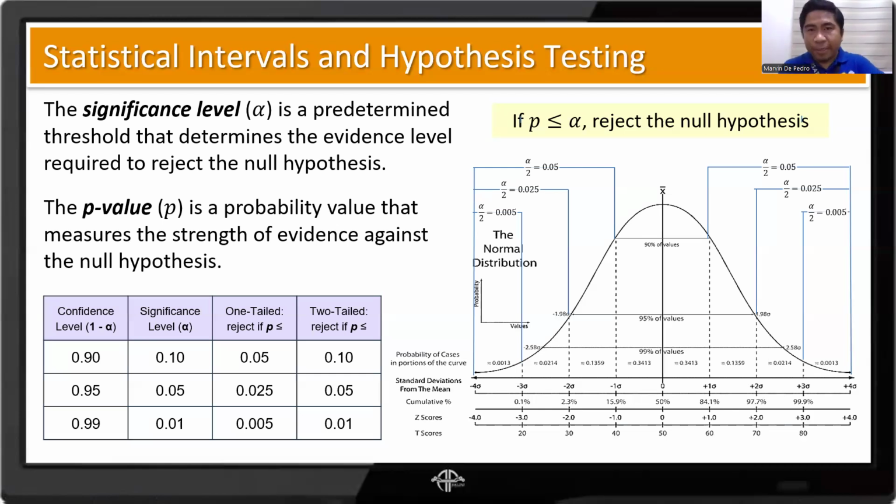Okay, but another way to say that: take note that if this is our limit, somewhat like our left tail rejection region, then we have this limit.